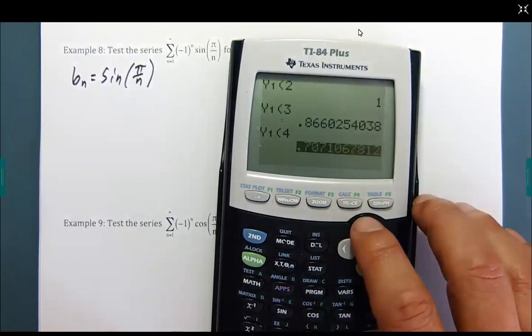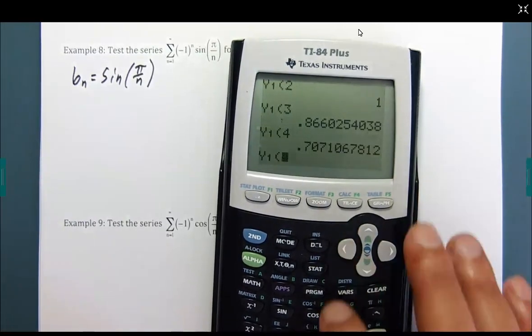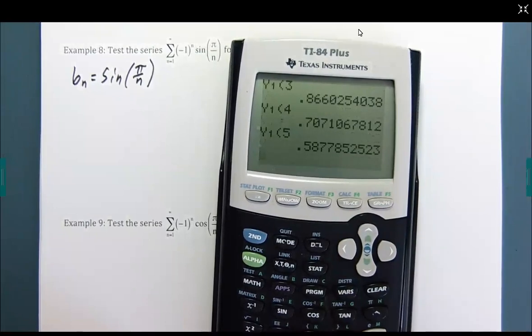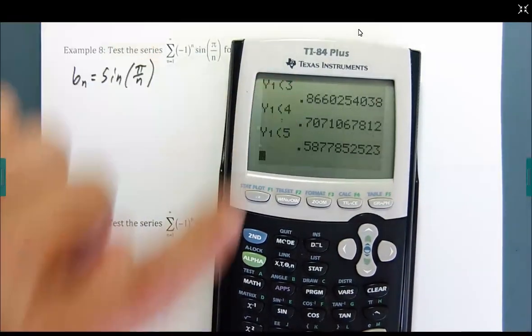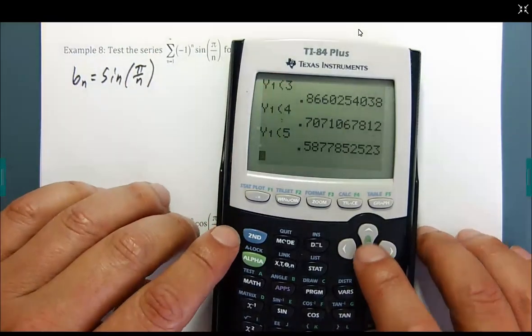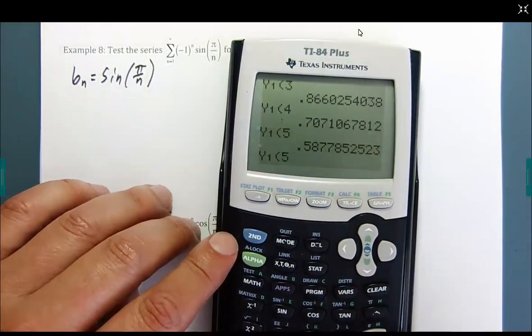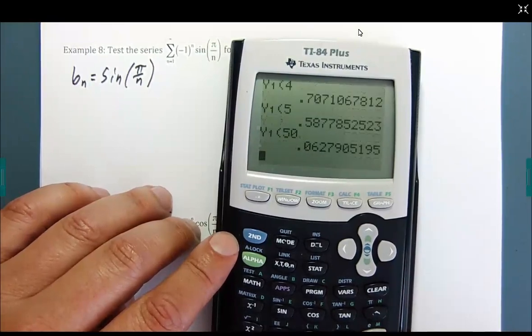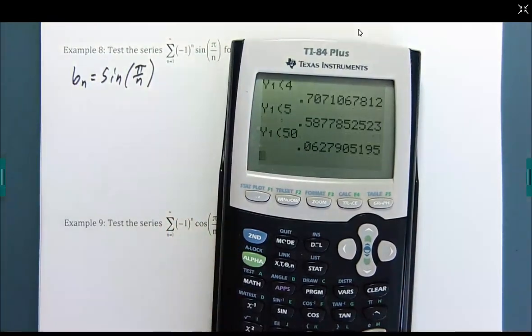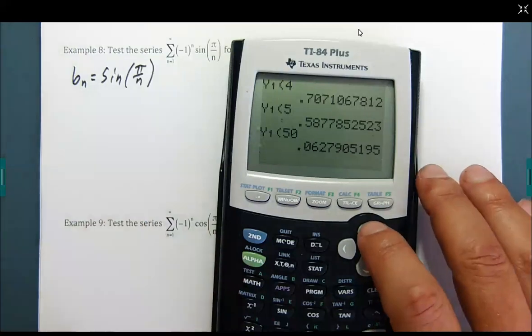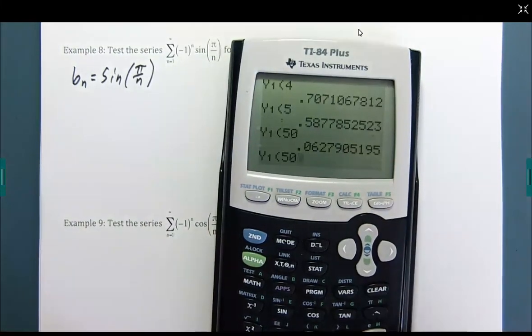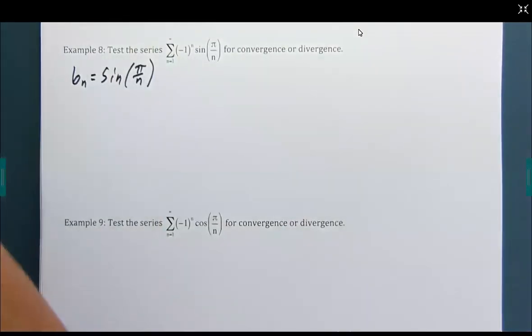Let's try 5. Do you see it started at 0, went up to 1, and now it's slowly getting smaller and smaller and smaller. And let's see what happens when we make it really big. Let's make it 50. You see it's getting closer and closer and closer to 0. Let's do it really big. Let's do 500. Yeah. So we're getting closer and closer to 0. So this is definitely decreasing.